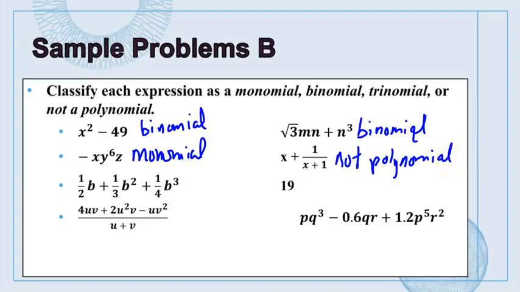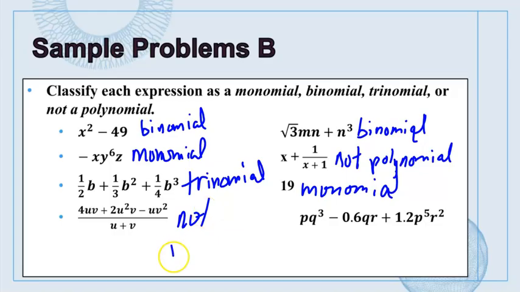Next, 1/2 b plus 1/3 b squared plus 1/4 b cubed. This is a trinomial. It has 3 groups. 19. This is a monomial.